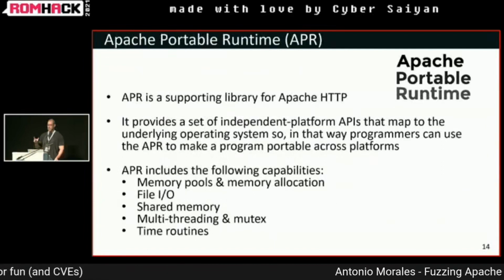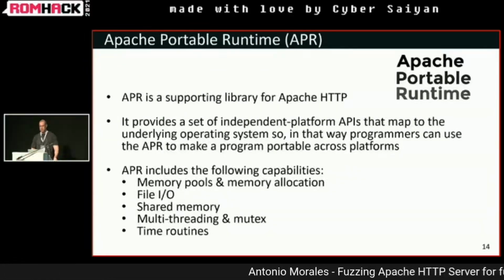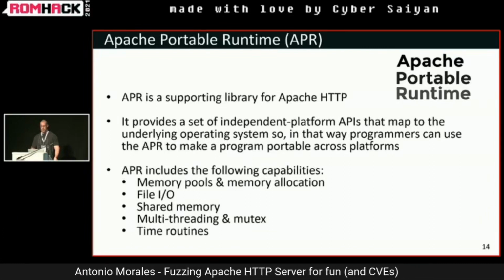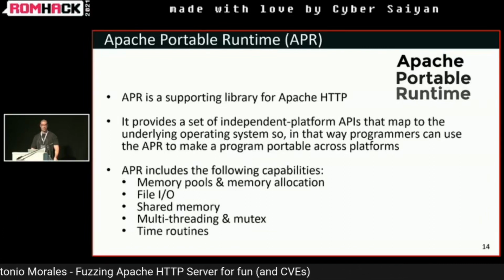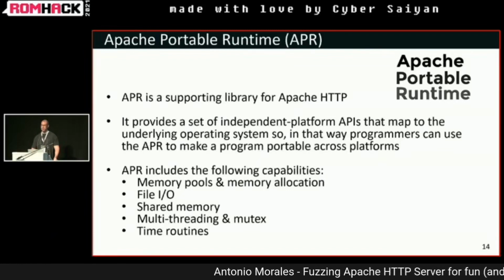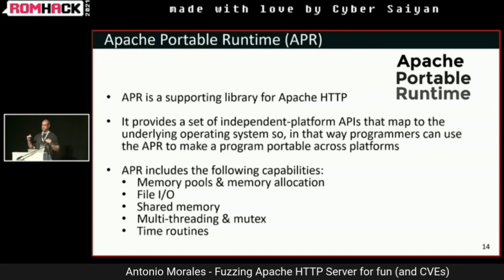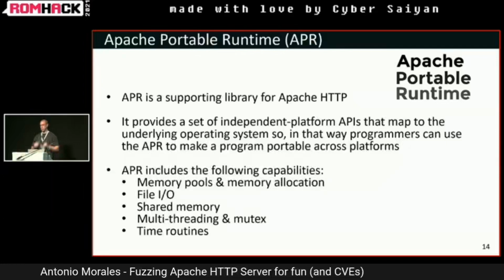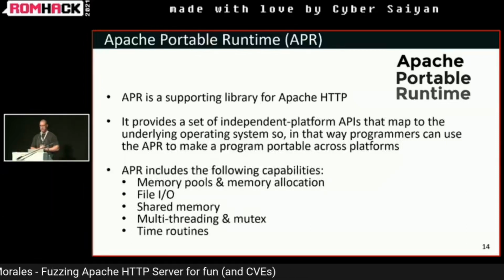Then we have the third main component of the Apache architecture, the Apache Portable Runtime. APR is a supported library for Apache. It provides a set of APIs that make it possible to use the same functions across different platforms, across different operating systems.